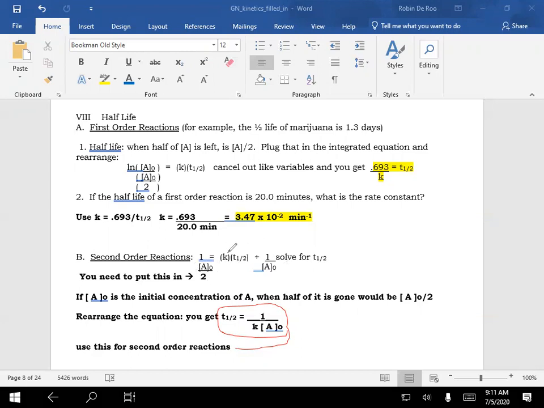Then if you rearrange this equation, you end up getting this: T 1/2 equals 1 over the rate constant times the initial concentration of A. So if you have a second order, you always will want to use this for your half-life.